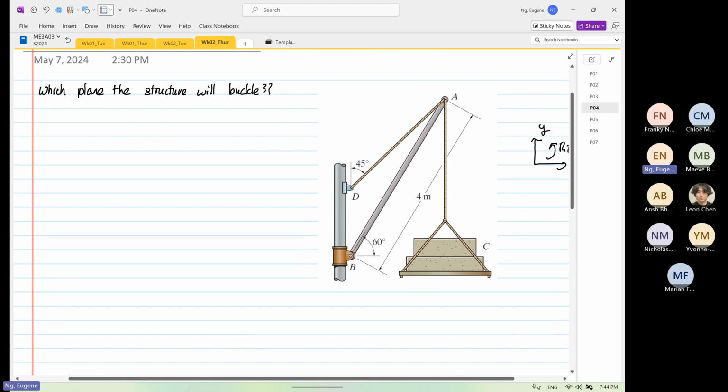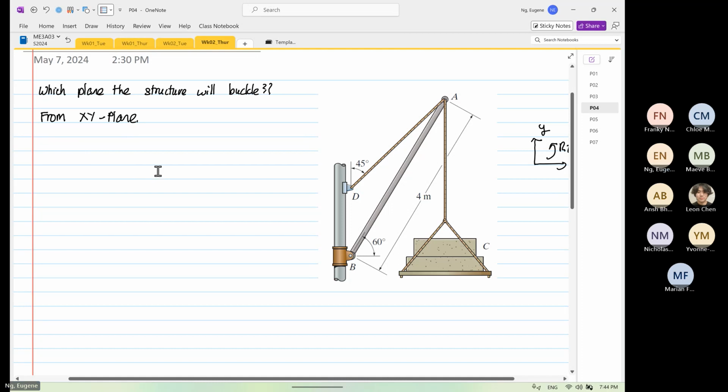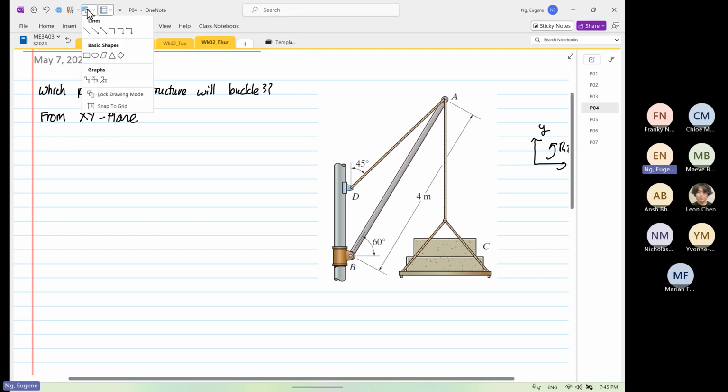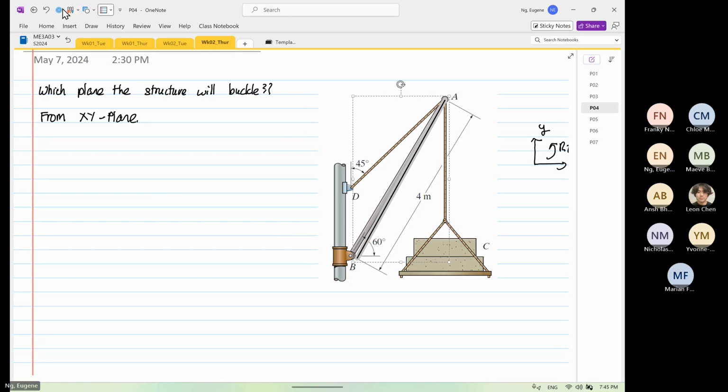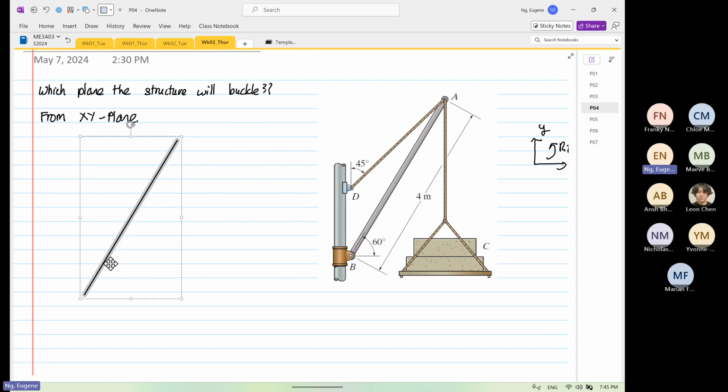So if we were to look on the XY plane, which is what we are looking at now, at this point of view, if I'm going to draw the member over here, okay, so this is our beam.